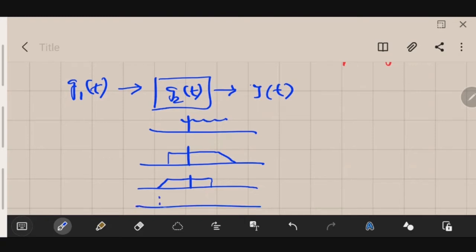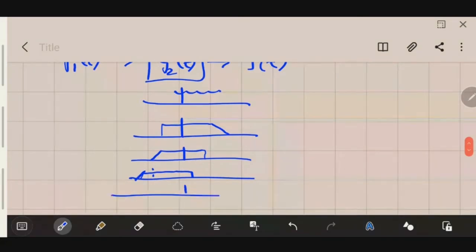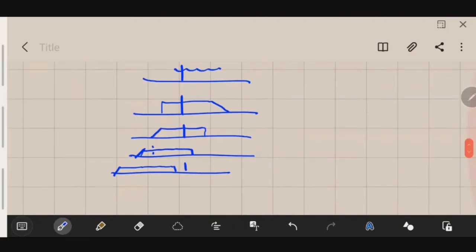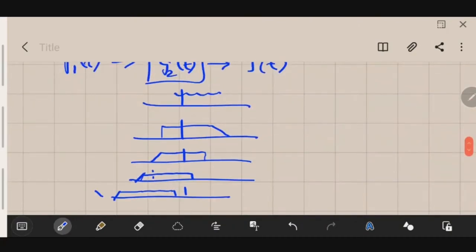Initially the position was this much, then you shift it towards the left, to minus infinity, then you shift it towards the right, towards plus infinity, in this way, and then you multiply this with this, and then you integrate it and you get the response or the output of the system.